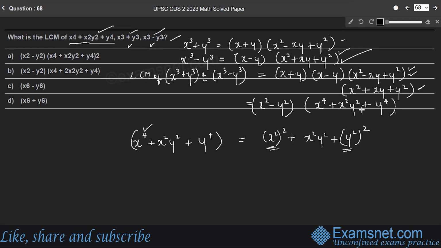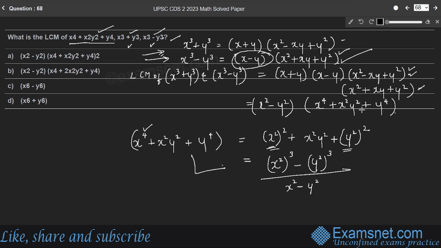So we are just rearranging the formula for x cube minus y cube. In place of x, we write x square, cubed, minus y square, cubed, divided by x minus y, where x is x square and y is y square.